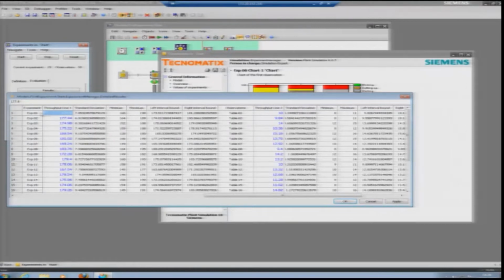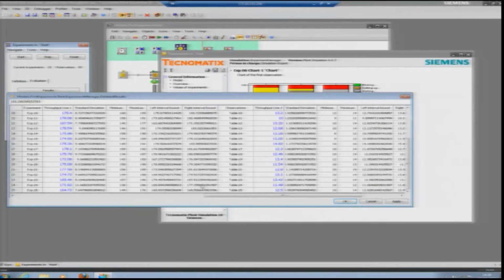So, here for experiment number 1, the 50 observations had an average throughput of 177, and this was the standard deviation, this was the minimum and maximum throughput, and the left and right interval bounds are also given. This is only for one experiment, and for all the 25 experiments these observations are given.